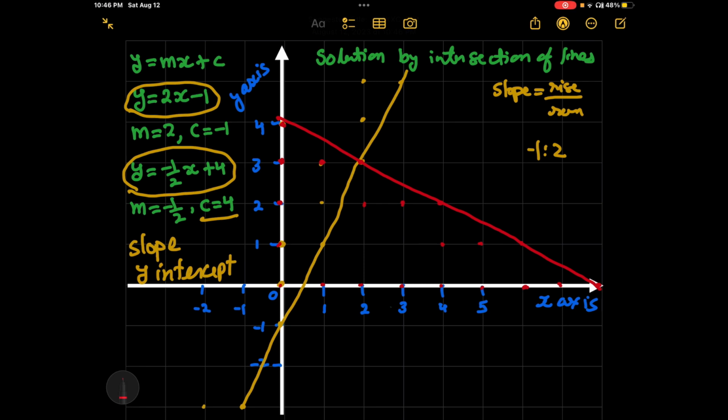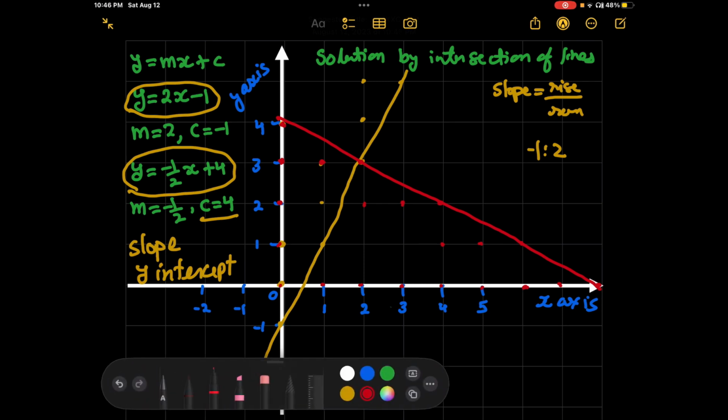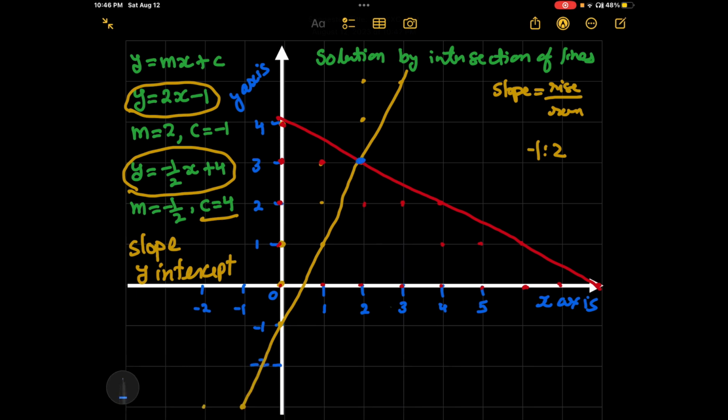In this case, it is very clear what the intersection of these 2 lines is, which is a very nice whole number intersection. It is falling on the grid lines. This point has a horizontal measurement of 2 units and 3 units in the vertical direction.